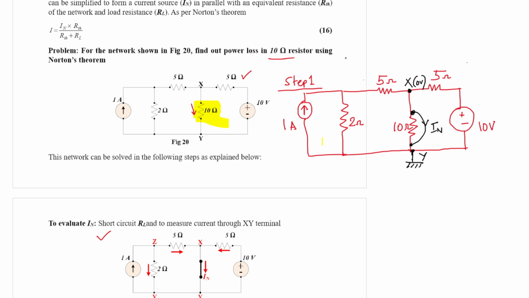So the current flowing through this 5 ohm resistor is 2 ampere. The current flowing through this 5 ohm resistance is 2 by 7 ampere.